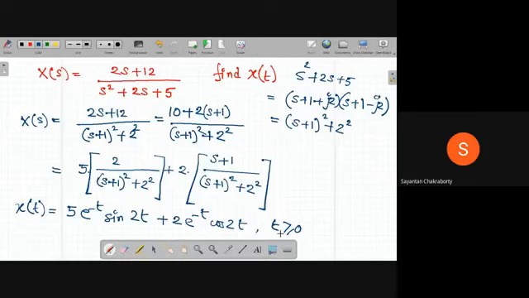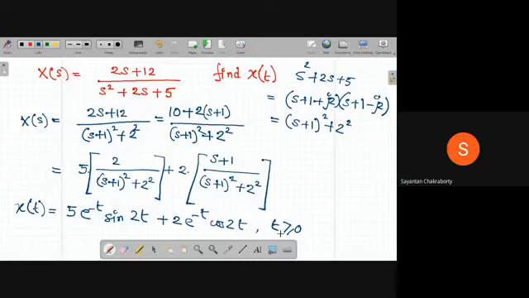Just by looking at that, what we have done, instead of putting s plus 1 plus j2 and s plus 1 minus j2, we have converted the equation into damped cosine and damped sine functions in terms of partial fraction expression, so that we can directly write down the expression including the decay terms, the e to the power minus t terms. If I had gone for s plus 1 plus j2 and s plus 1 minus j2, it could have been a bit lengthy, right?